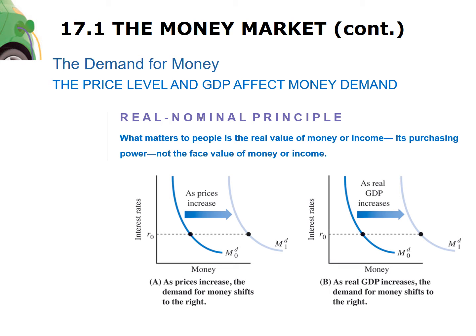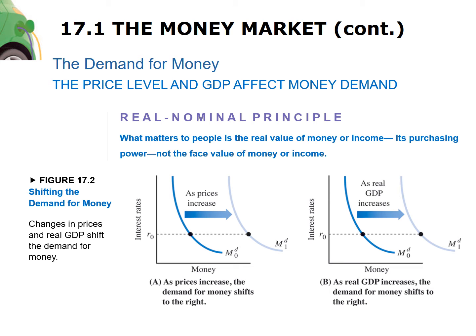So in that sense, the left-hand panel is more of a reflection of a nominal growth, and the right-hand panel graph, which is showing the actual real GDP growth, in that case the demand for money increase is basically for supporting the real growth in the economy.